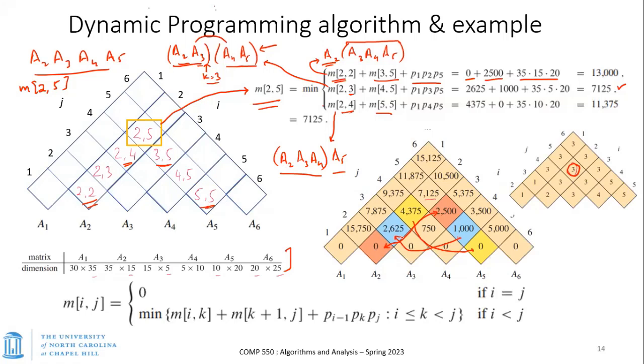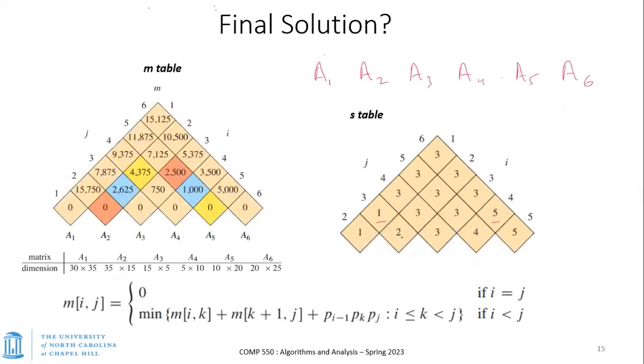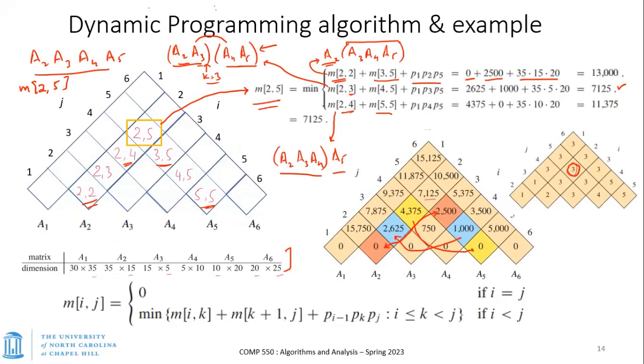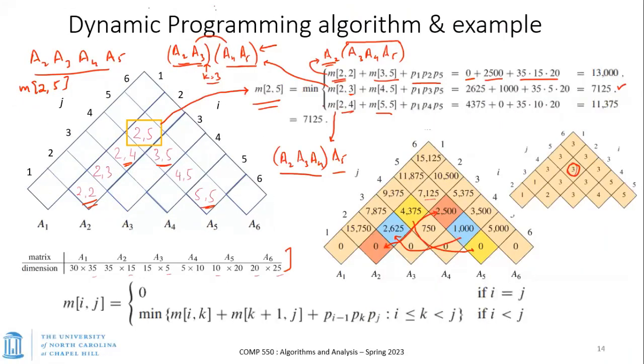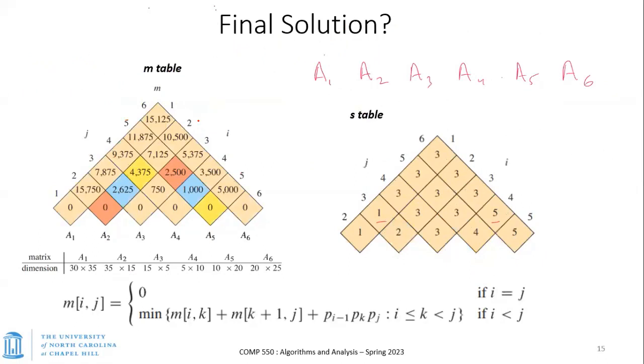Example for M25, and so ultimately you compute the entire matrix as you're going from L equal to 2 all the way up to L equal to 5. As you're going upwards, you have perhaps less calculations to be done, or maybe you have more calculations to be done, but you eventually get to the apex of this pyramid.